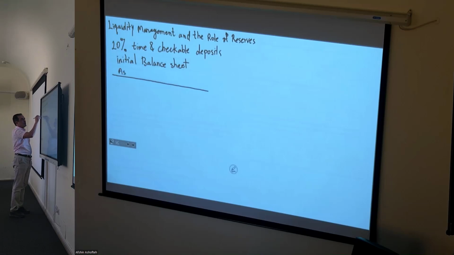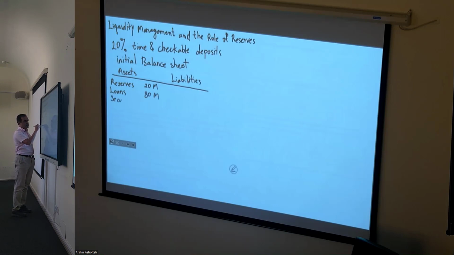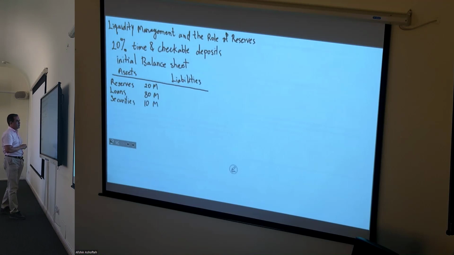The asset side and the liabilities. And here we have what? On the asset side, we have the reserves, let's say 20 million euros, okay? And we have loans, let's say 80 million, and securities as the asset, okay? So 10 million again for securities.